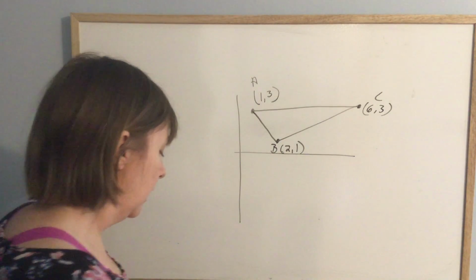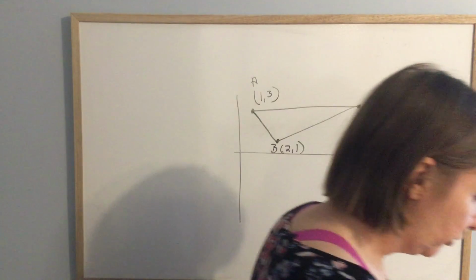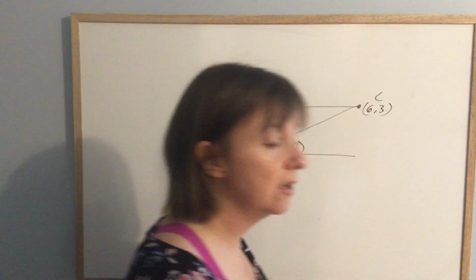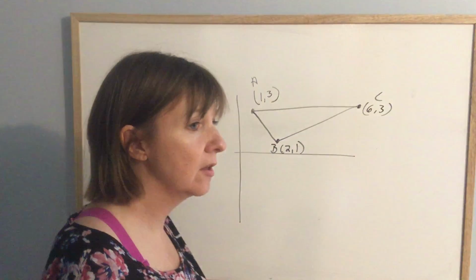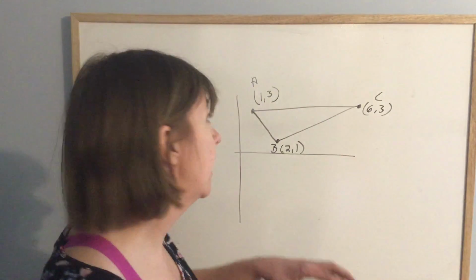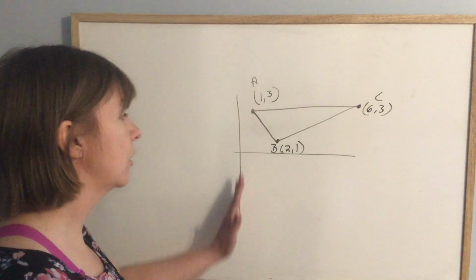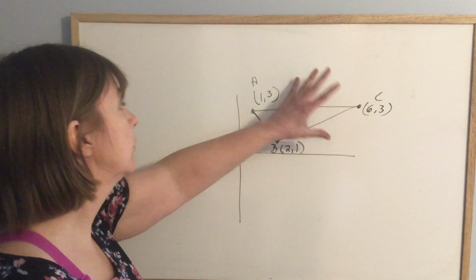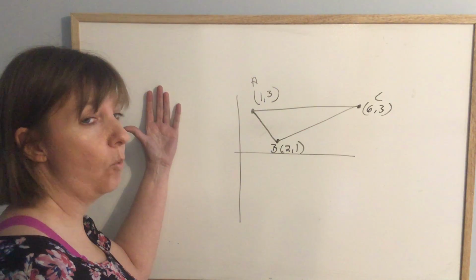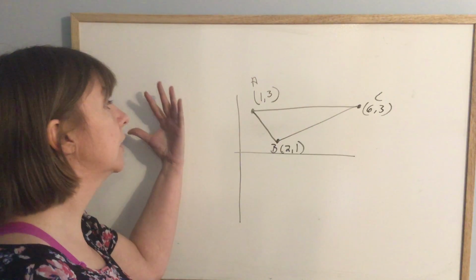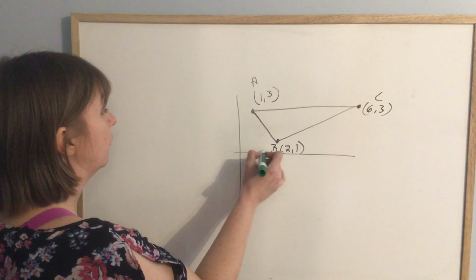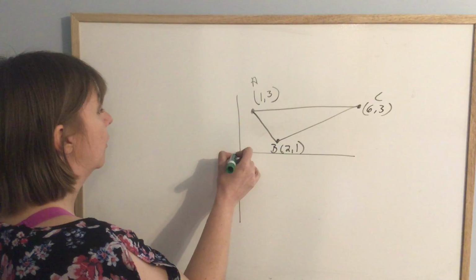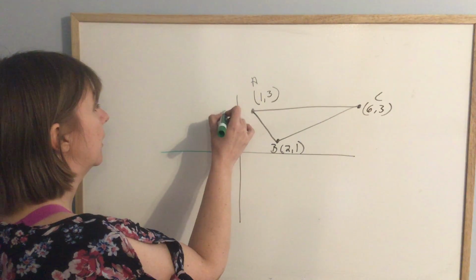Okay. This time they want us to reflect in the y-axis. If I'm reflecting in the y-axis, I change the sign of my x's. My y-axis is the one going up and down. So if I reflect across the y-axis, it's going to just flip to be over here. So point A, instead of going forward 1 and up 3, we're going to go back 1 and up 3.